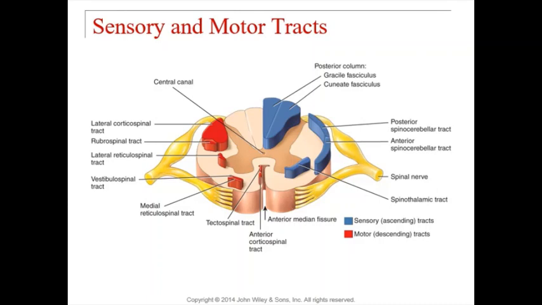So when your phone vibrates in your pocket, you can feel the vibration thanks to your posterior columns processing that information and sending it up to the brain. It carries another type of information called proprioception. Proprioception is your body's ability to tell where body parts are in space.